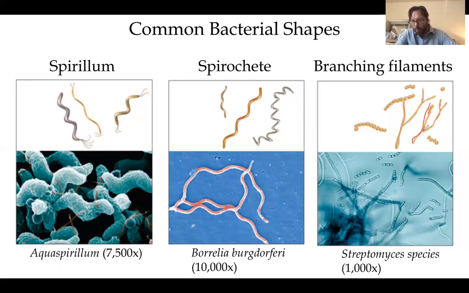So the strip kind of branches off into other mini strips. Okay, these are less common. Your main shapes when we talk about the ones that are pathogenic to humans at least are going to be cocci and bacilli, the rods and the spheres and the rods.